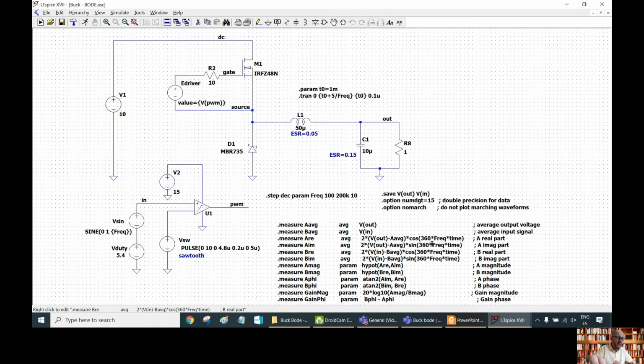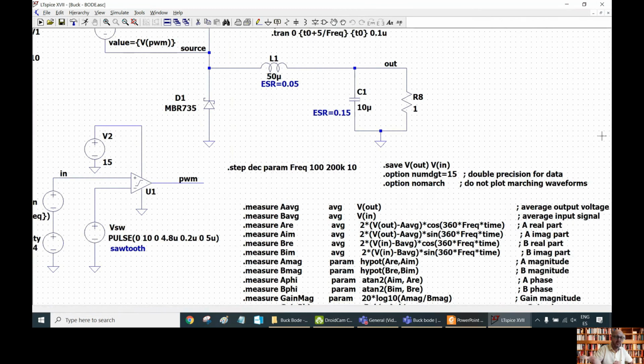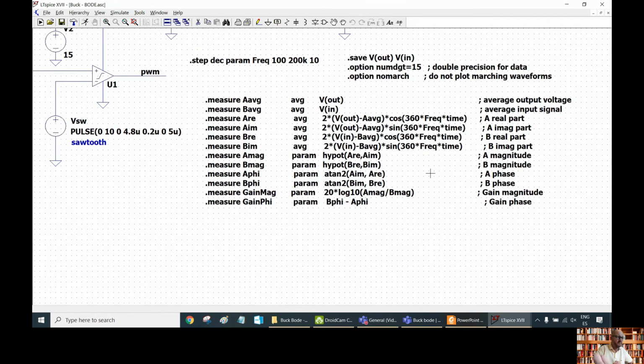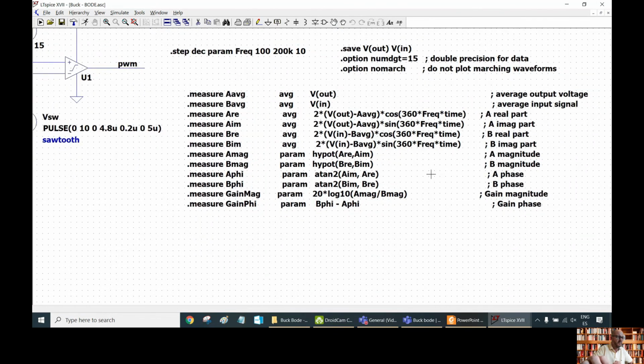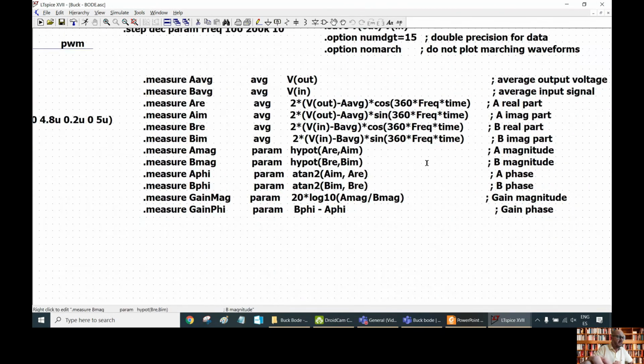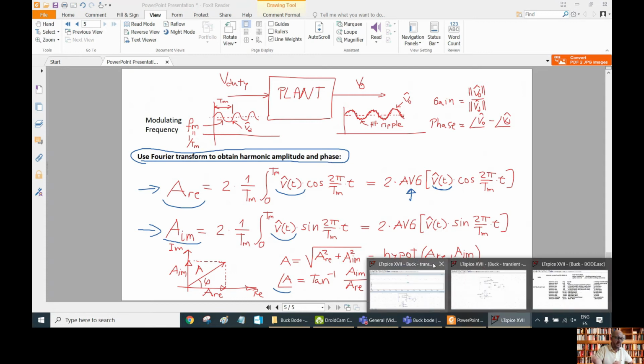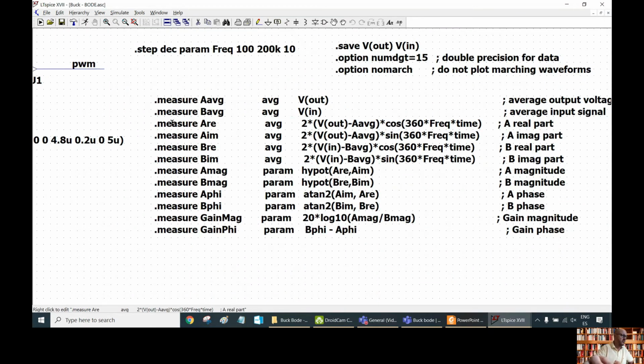Once we finish all the simulation, we are going to process all the information with these directives here, which are intended to calculate all these values, the real part, the imaginary part, and then the amplitude and the phase. Okay, so let's take a look at this.